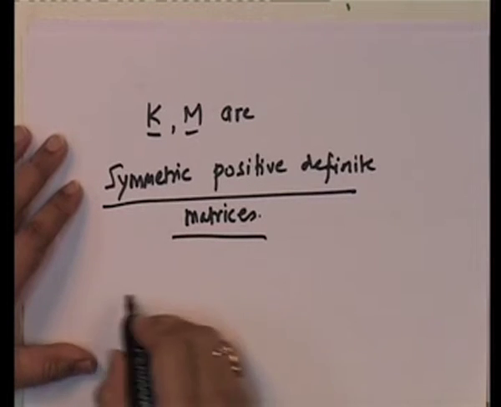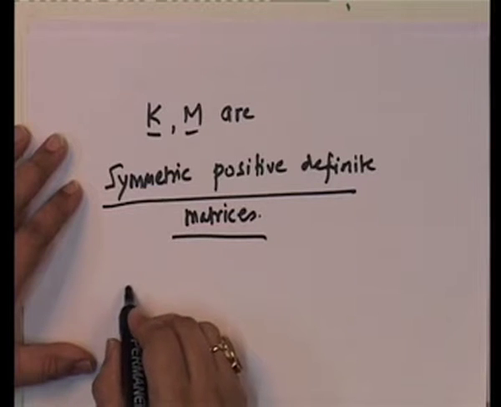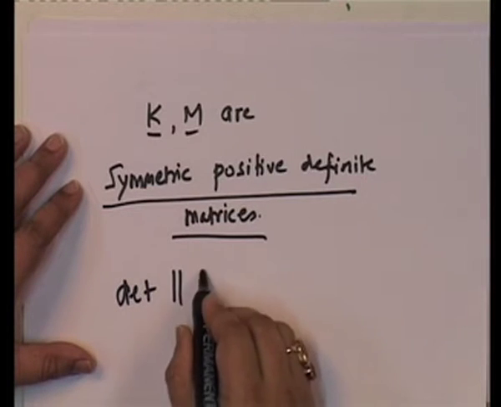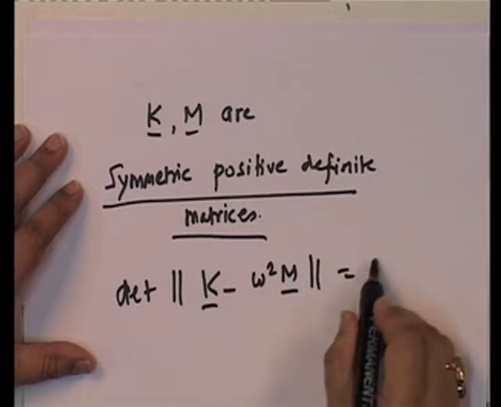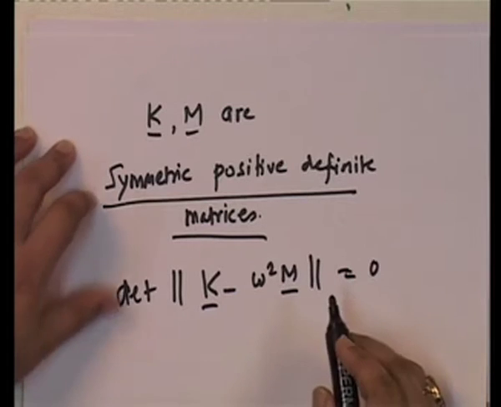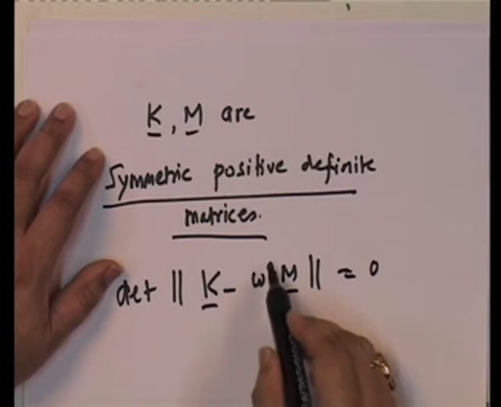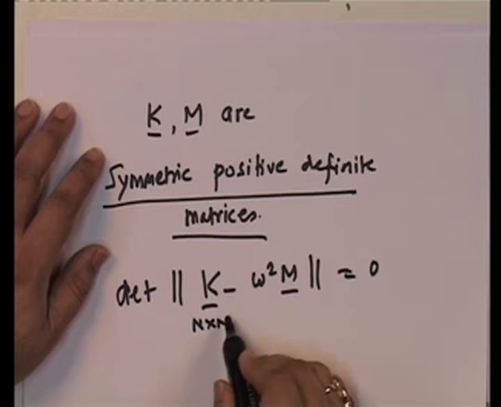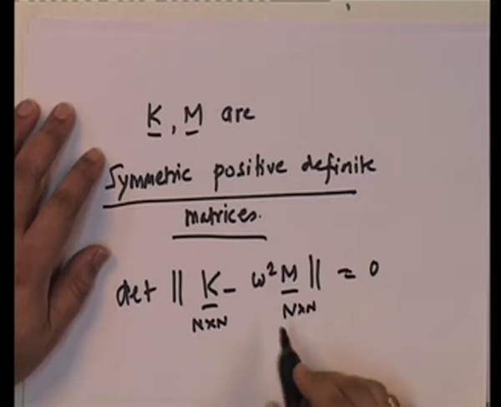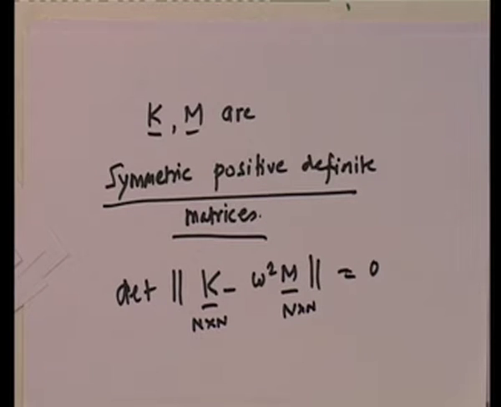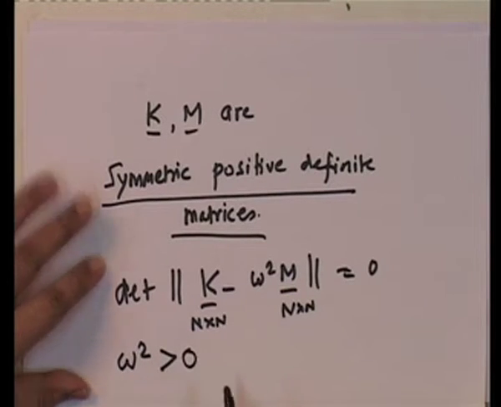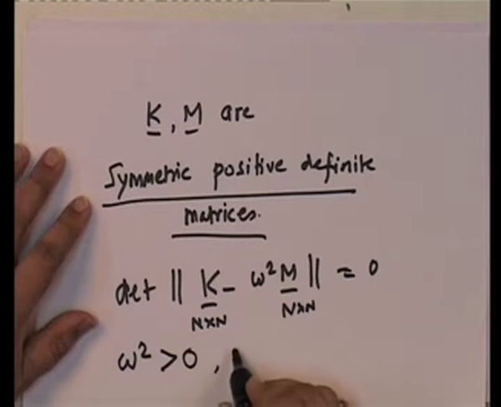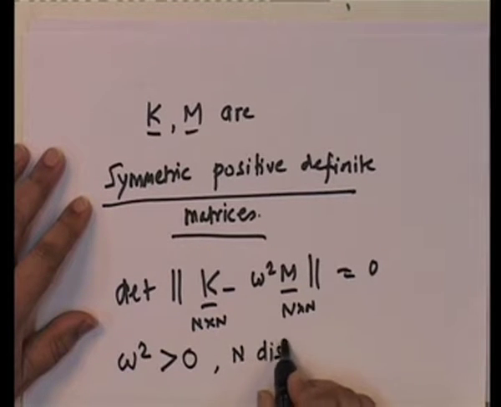Now, the linear algebra says that if this is true and you find out the determinant, that has to be 0. You see, this is an n by n, this is an n by n. Okay. What they say is that all omega squareds will be greater than 0, and you will have n distinct.